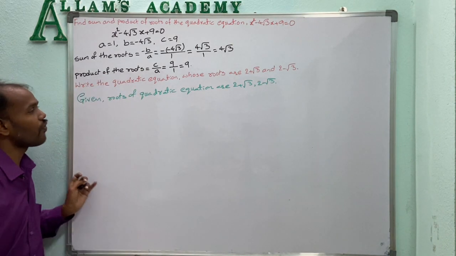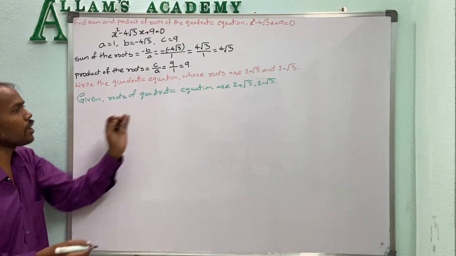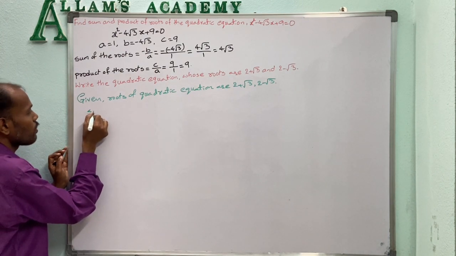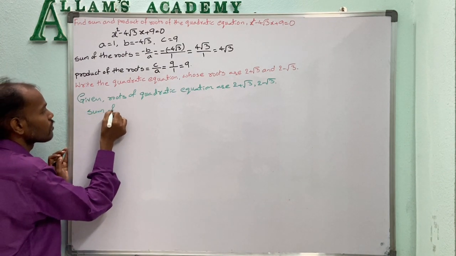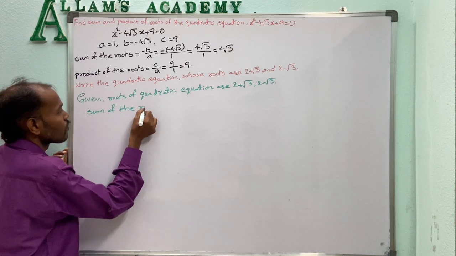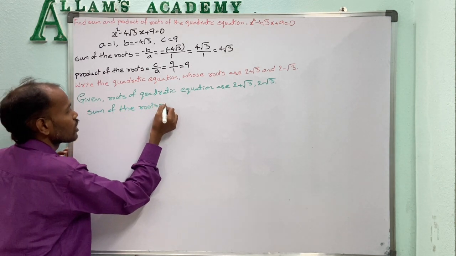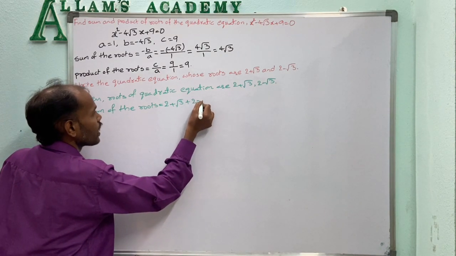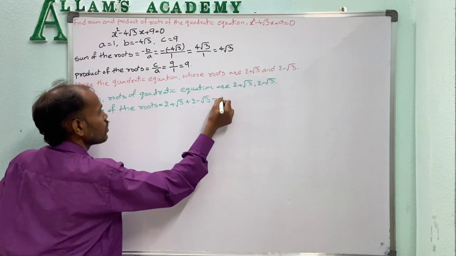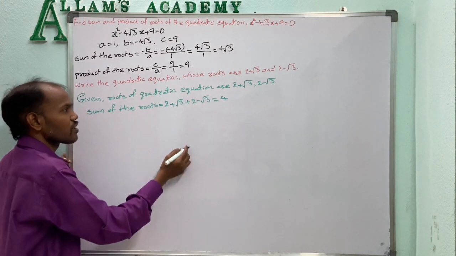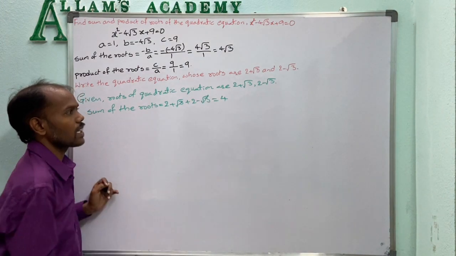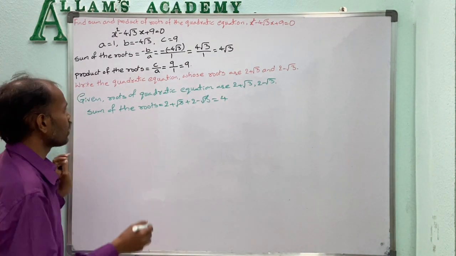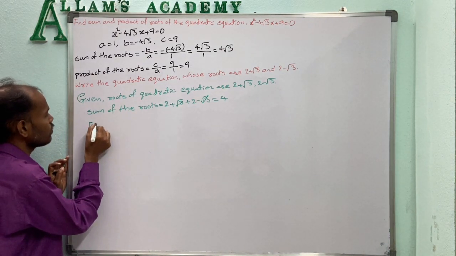Now we find the sum of the roots and the product of the roots. So the sum of the roots is 2 plus root 3 plus 2 minus root 3. So 2 plus 2 equals 4, and plus root 3 minus root 3, with the negative symbol but the same value, will be cancelled.